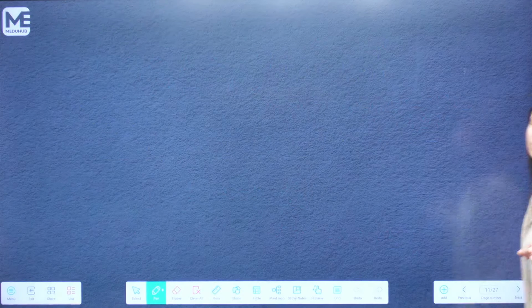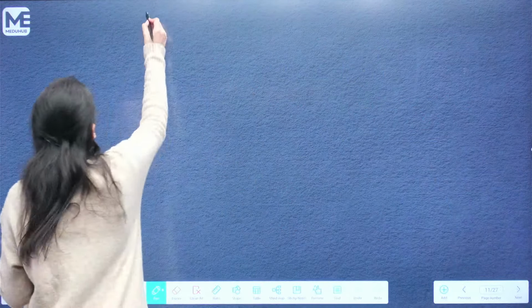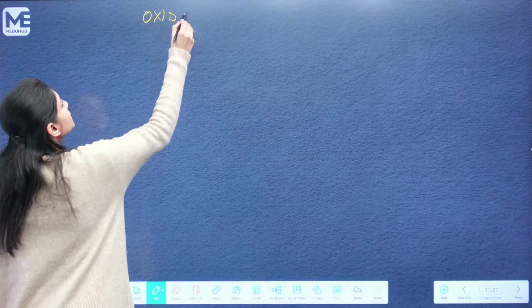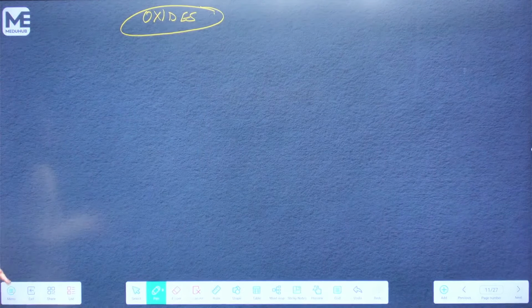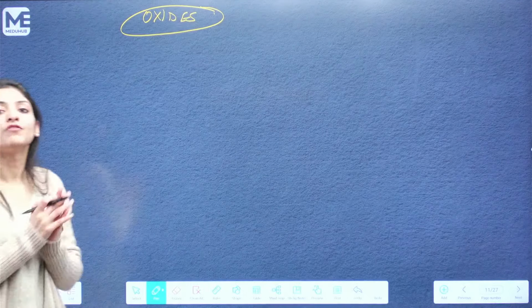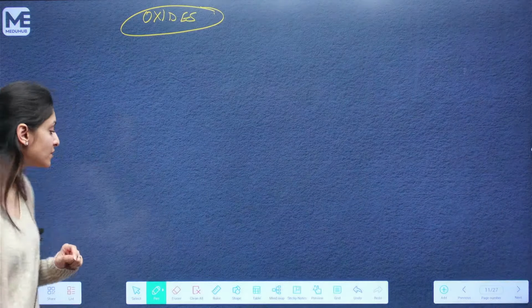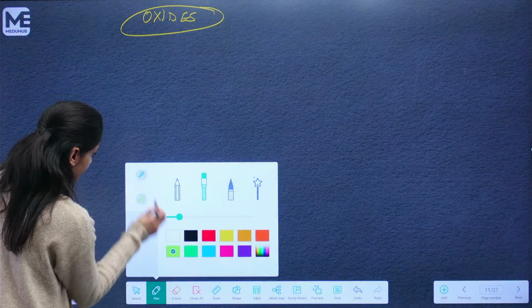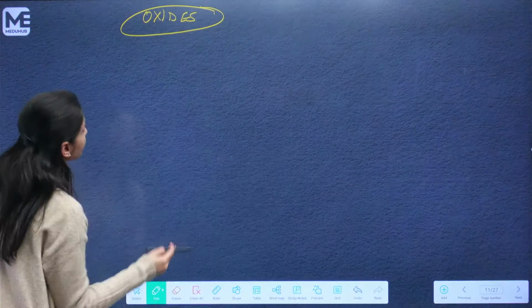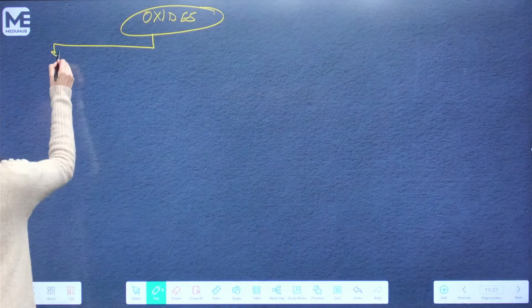Now coming to the oxides. Since oxygen reacts with almost all metals and non-metals, it forms a variety of oxides. These oxides can be categorized into 3 categories.